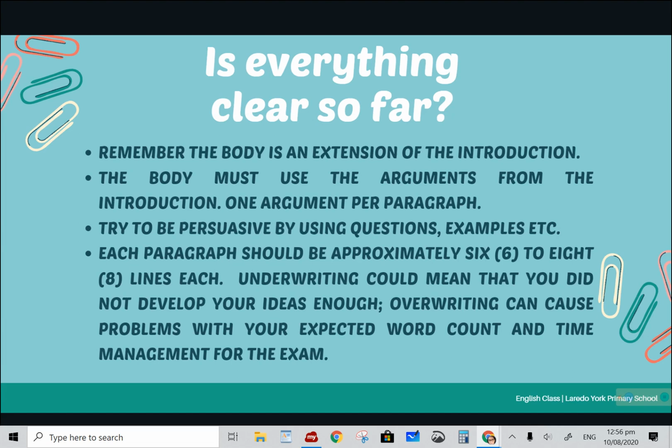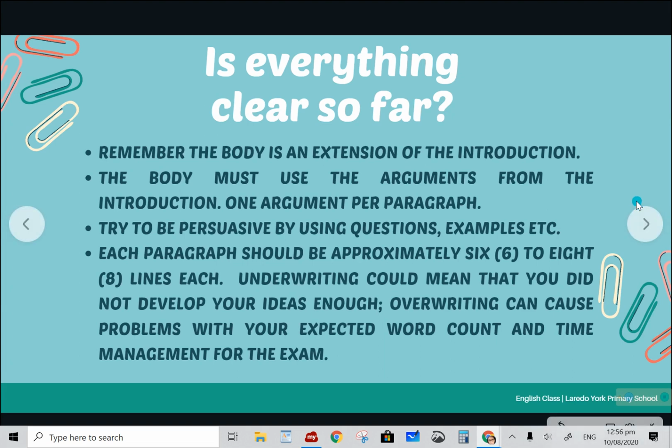Each paragraph should be approximately 6 to 8 lines each. Underwriting could mean you did not develop your ideas enough. Overwriting can cause problems with your expected word count and time management for the exam.